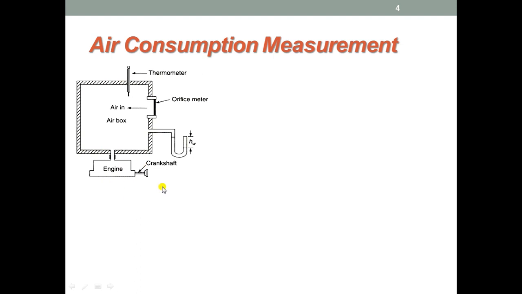So, now we will measure the air flow rate taking place through the air box. That is, head of air causing flow is given by rho g h of air is equal to rho g h of water, and water is the manometric fluid used in the manometer.